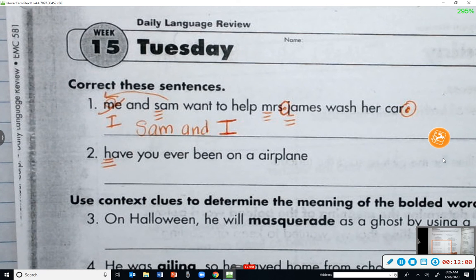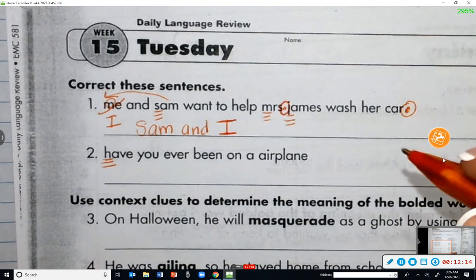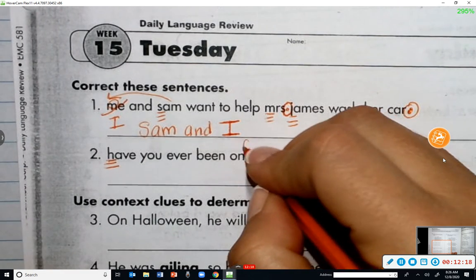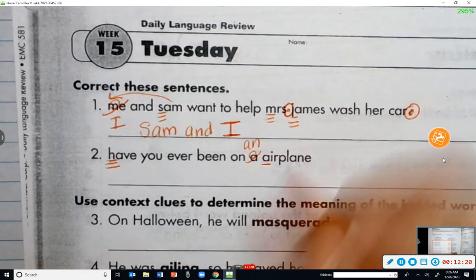If we're going in order, left to right, what would be the second mistake? Have you ever been on a airplane? There you go. A should be an, because we always put an if there is a vowel that comes after it.